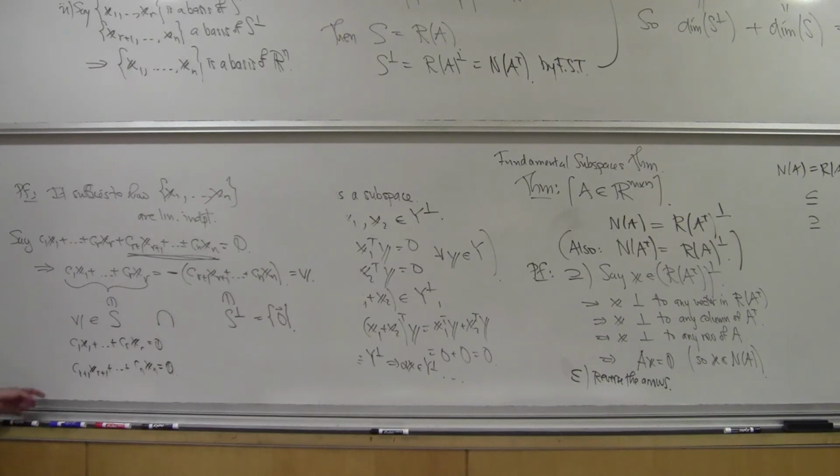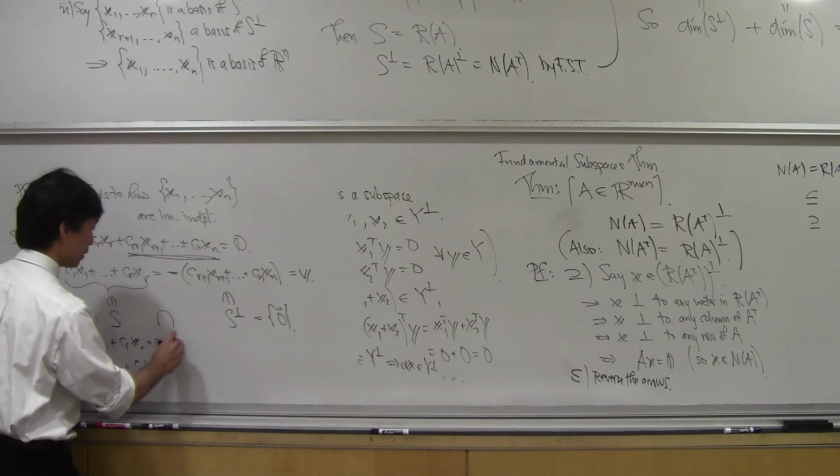So what? These equal 0, so the linear combination of the xi's from i equals 1 to r equals 0. Remember these are the basis of S, so they're linearly independent, and so all the coefficients are 0.